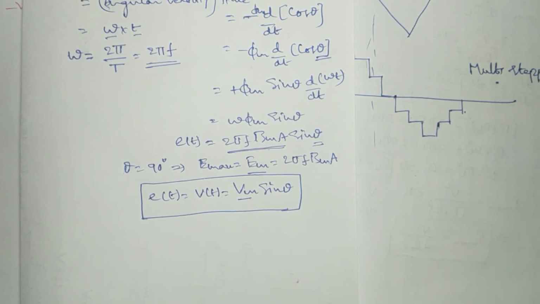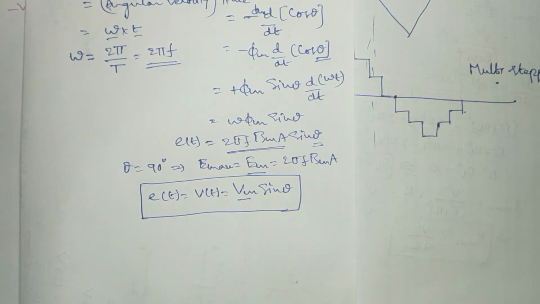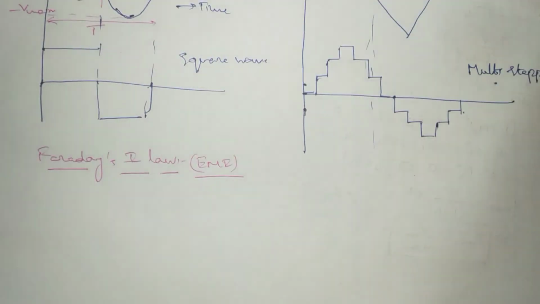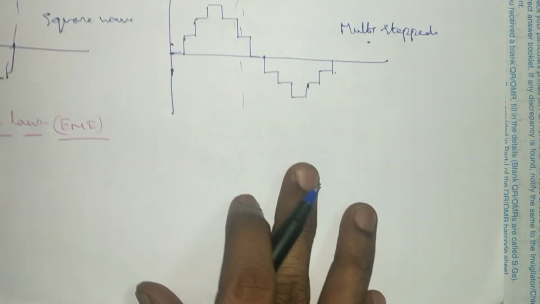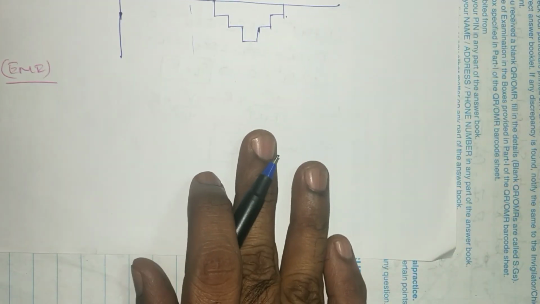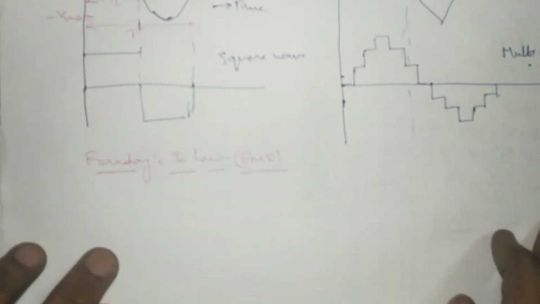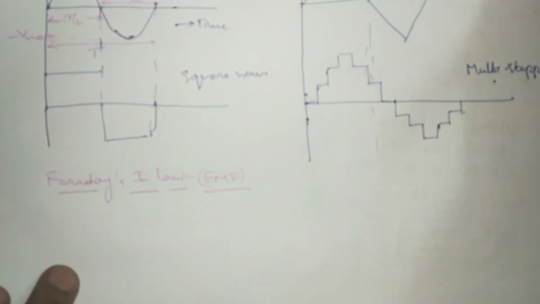Next, we shall go through a few definitions related to the sinusoidal alternating waveform. Let me consider the sinusoidal waveform.